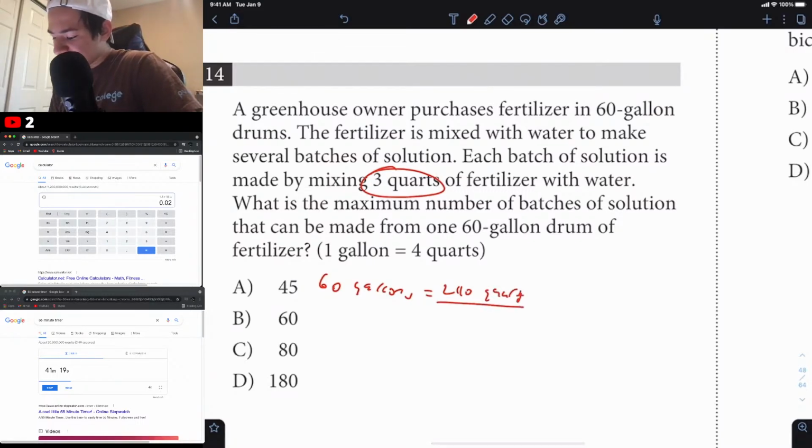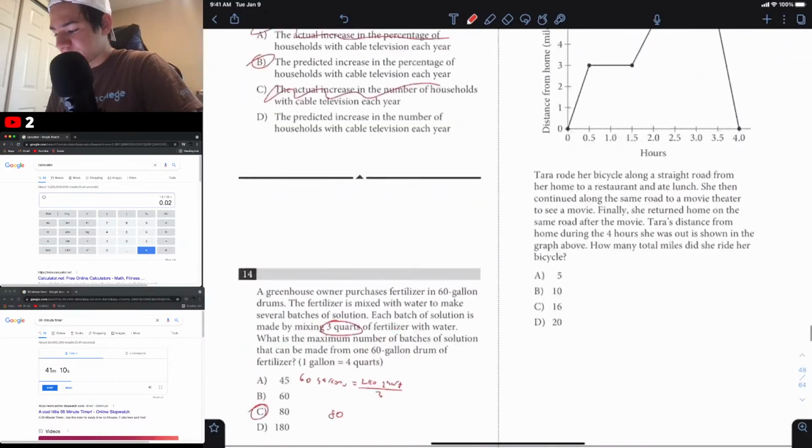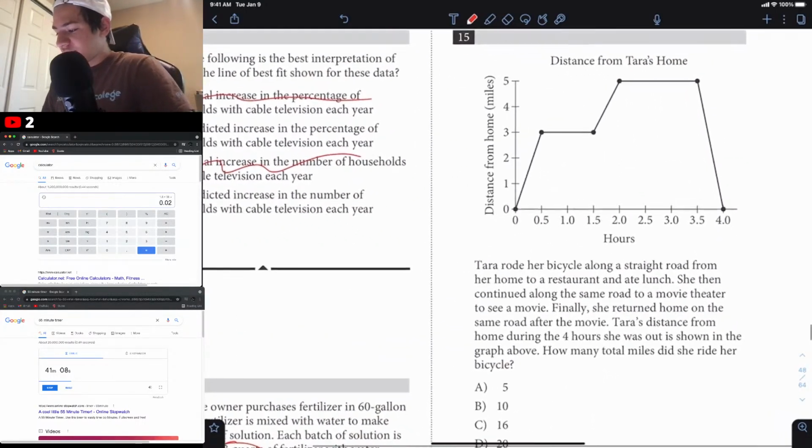So if we divide 240 quarts by the 3 quarts of fertilizer for each batch, we're going to get 80. Should be C.